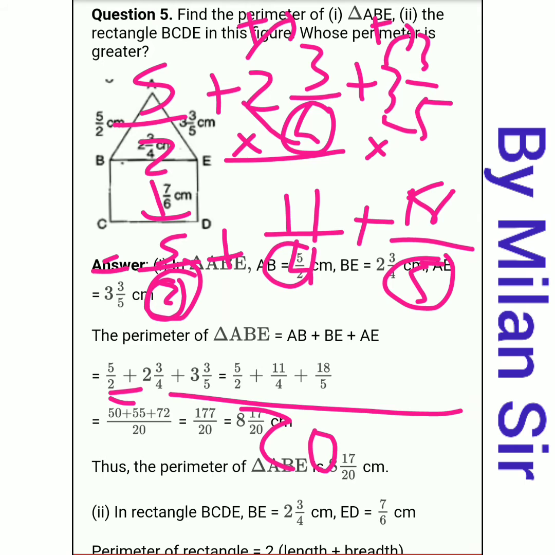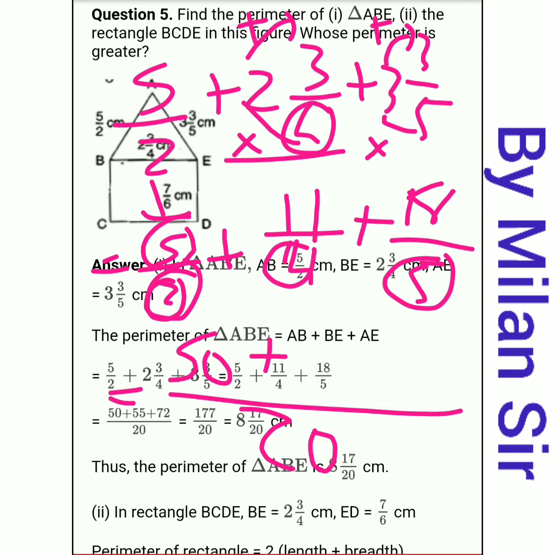In the denominator 2 is there, but we want 20, so we multiply it with 10, 10 2s are 20, and the same thing we multiply with the numerator, so 10 5s are 50.